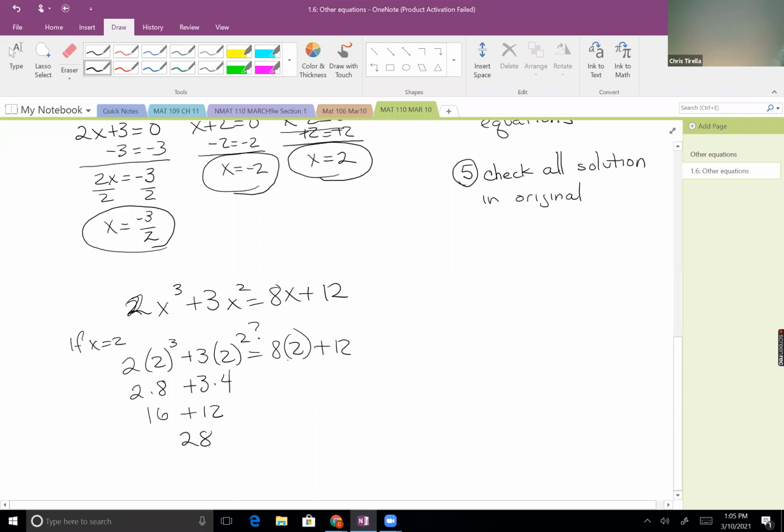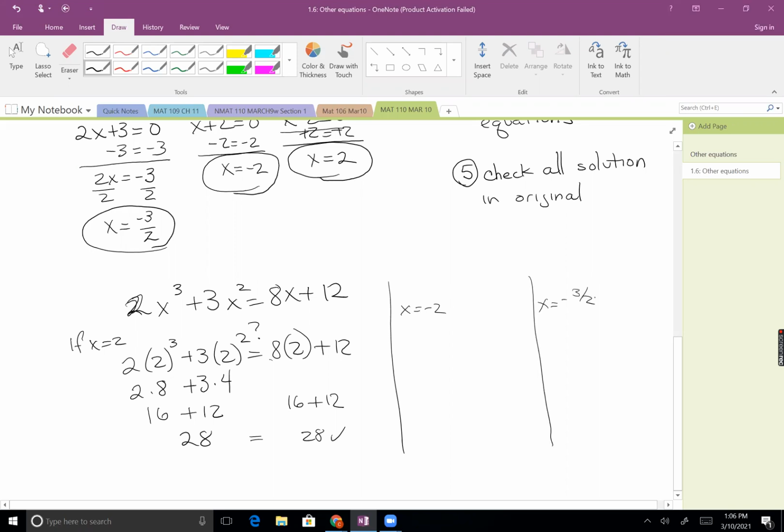On the other side, 8 times 2 is 16 plus 12, which is 28, so it checks. And we need to do that with each of the answers. They should all be equal, is what I was wondering. Yes, they should all be equal.